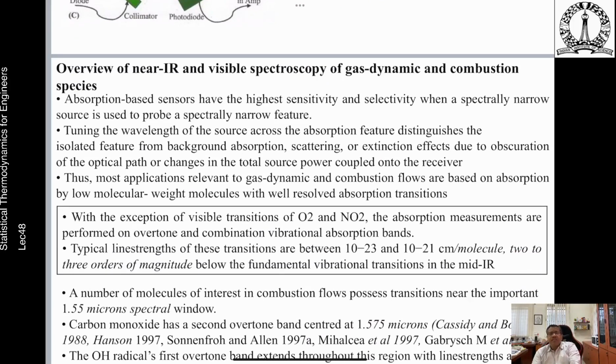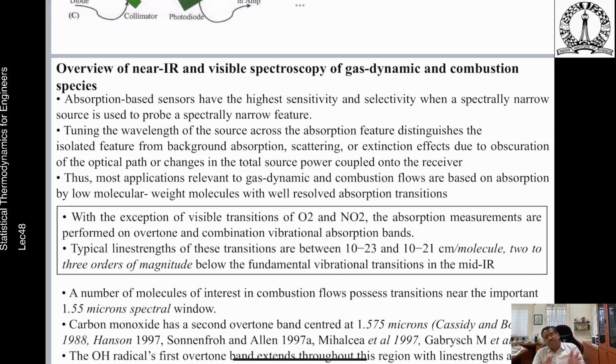Near IR and visible spectroscopy absorption-based sensors therefore have highest sensitivity and selectivity because of the extremely narrow spectral source that we use. You can tune the wavelength to whatever transition features you want, and from that you can isolate the concentrations or the temperature.